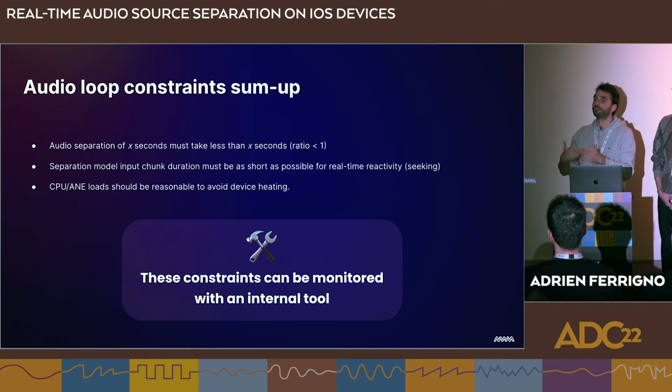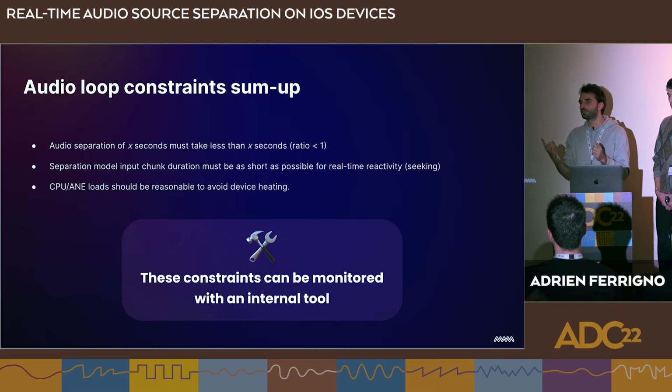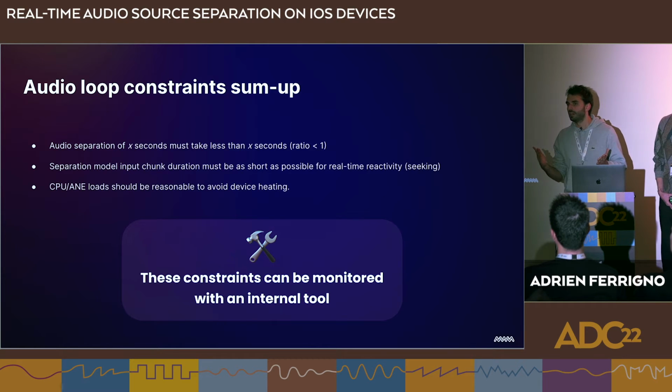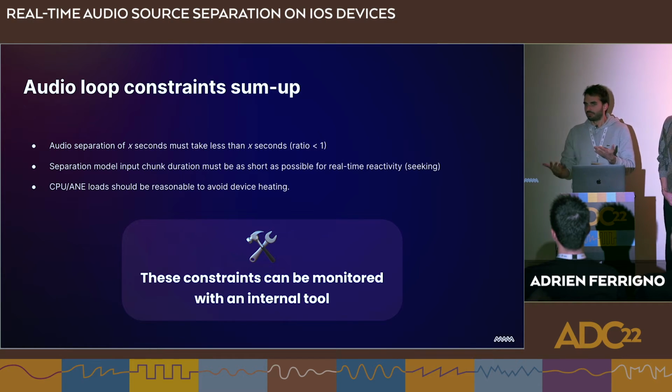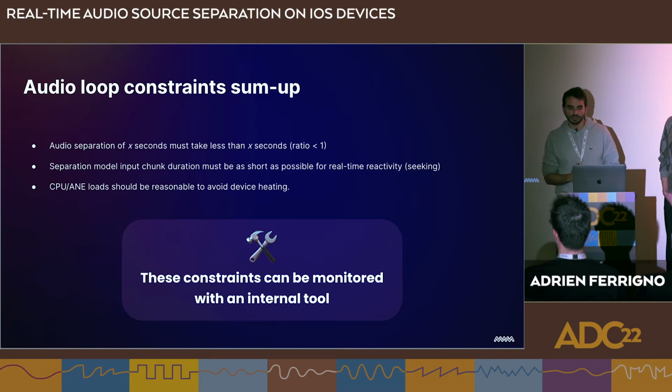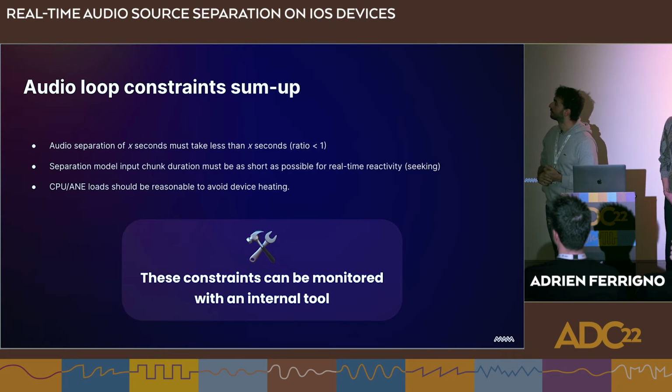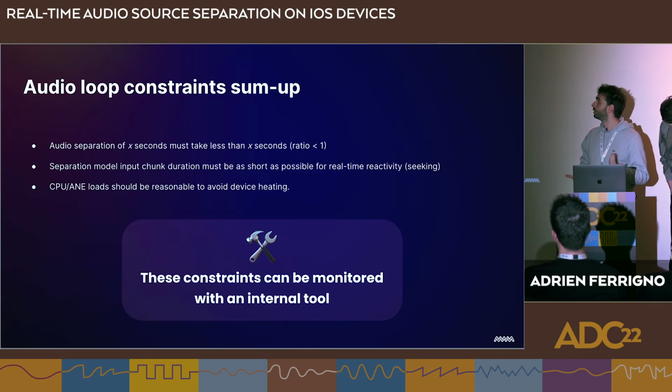We are faster than the audio, but we still have to wait 25 seconds to get the first frames of the separated data, and this is too long. So we still need good reactivity, and the latency of the model must be as short as possible. And of course, the CPU or ANE load should be reasonable to avoid device heating, for example.